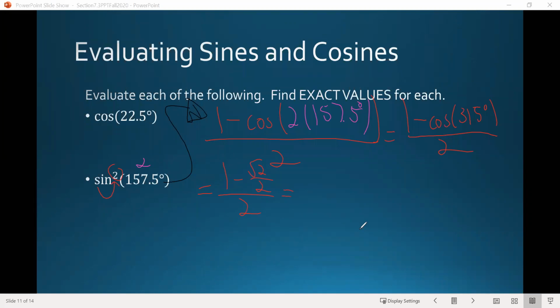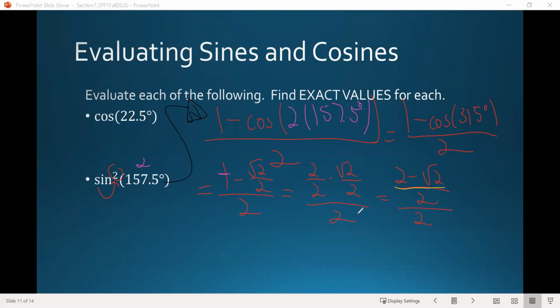We can do some fraction magic here. We'd have the 1 becomes a 1 over 1. We get a common denominator of 2 over 2. So 2 over 2 minus root 2 over 2, all divided by 2. Again, on the top, we can combine the fractions because they have a common denominator and make that 2 minus root 2 over 2. And I should point out the reason that I do 2 minus root 2 here is because they're not technically like terms, because one has a root and one doesn't, so we just leave it like that.